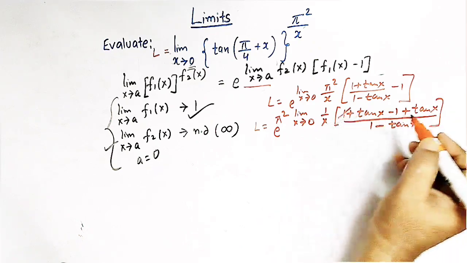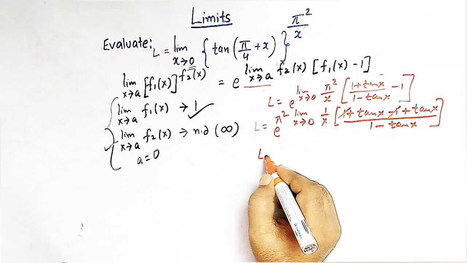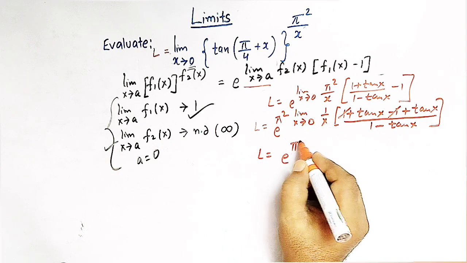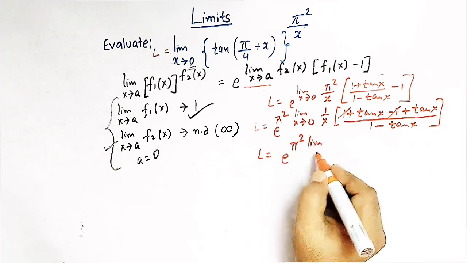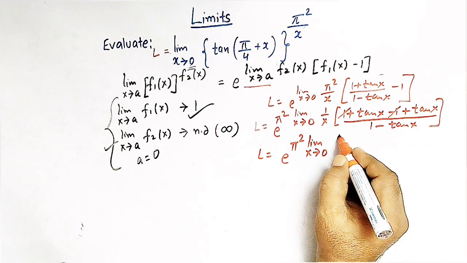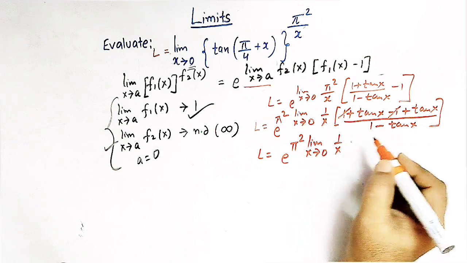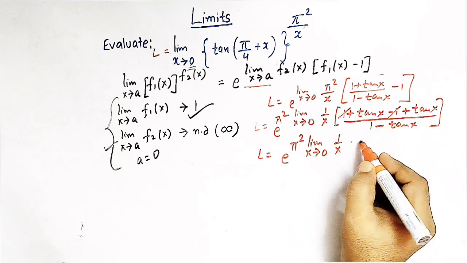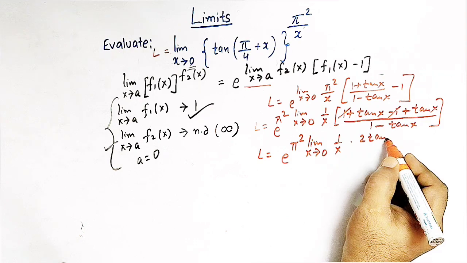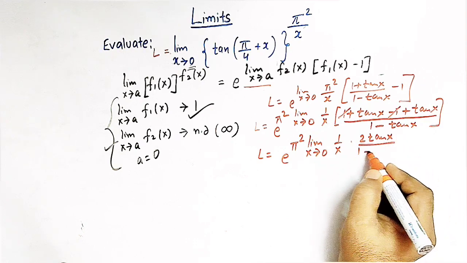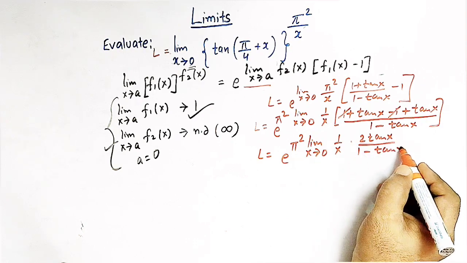So now this 1 and this 1 get cancelled, so we have e raised to pi square limit x tends to 0 and 1 over x, and here tan x plus tan x is 2 tan x divided by 1 minus tan x.